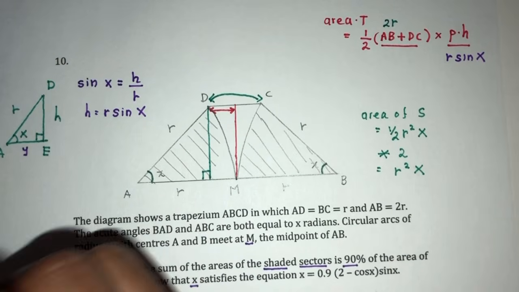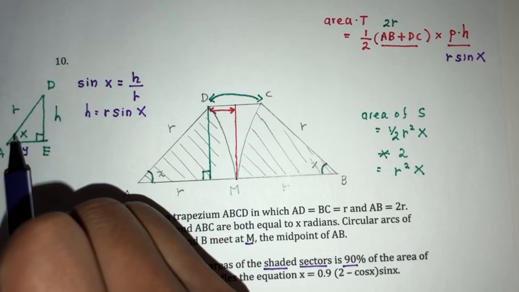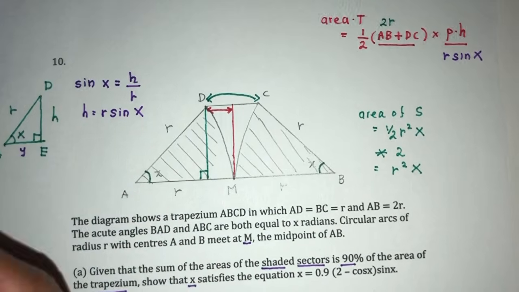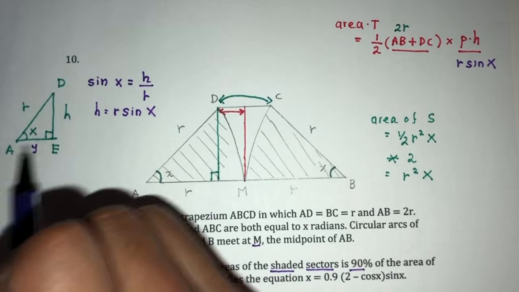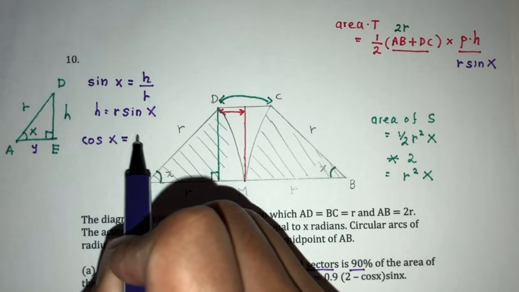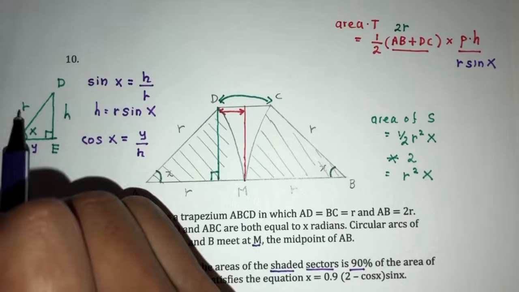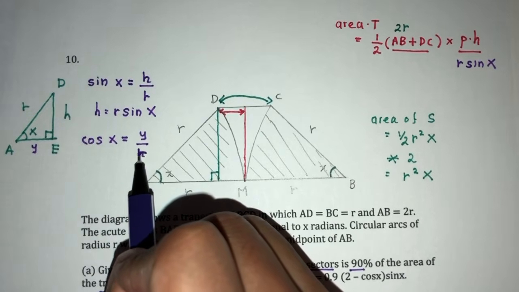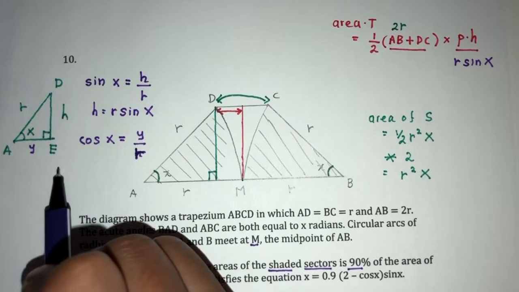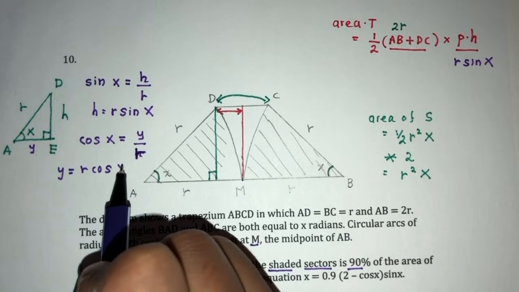Let's find y. Now we have this, we have this, we have the angle, so we have to use SOHCAHTOA. So that will be using cos of the angle, adjacent side over hypotenuse. Sorry, this is r actually, not h. So y will be simply r cos x.